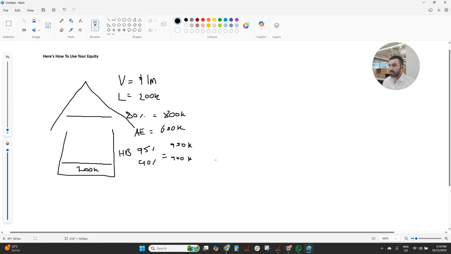Your available equity here, AE, for people that can go up to 90%, is 900,000 minus 200, so 700K. And in this one, available equity equals 750,000.